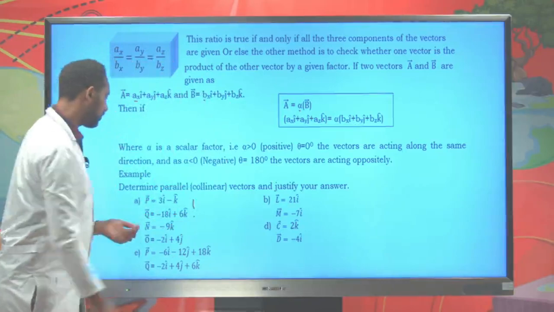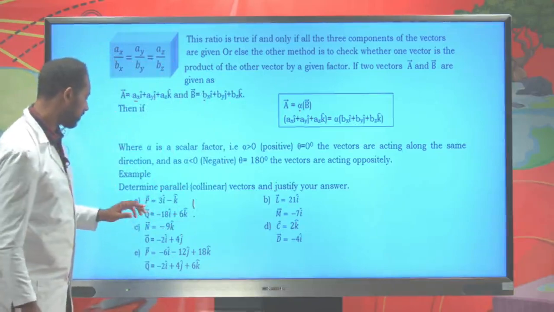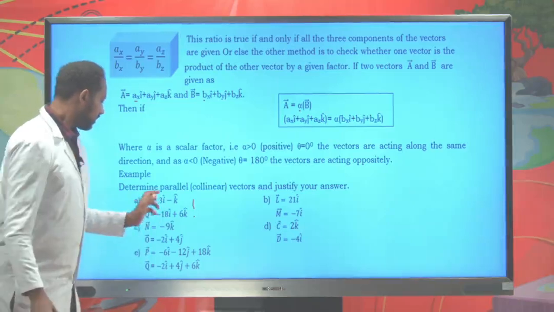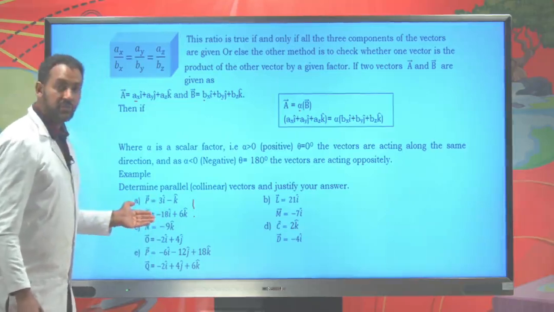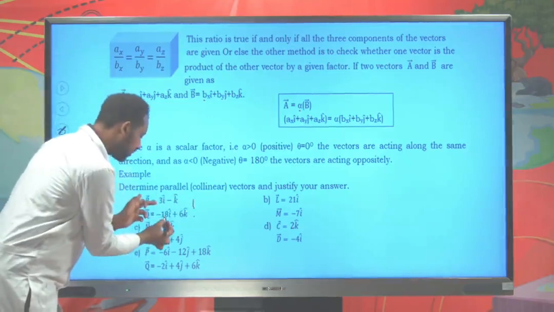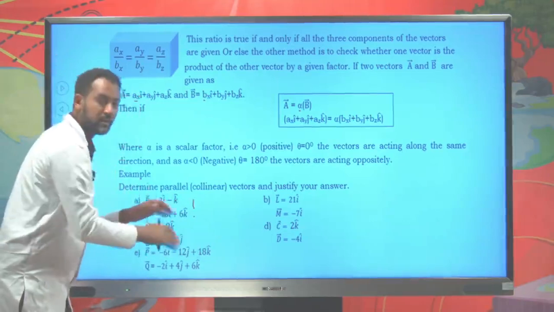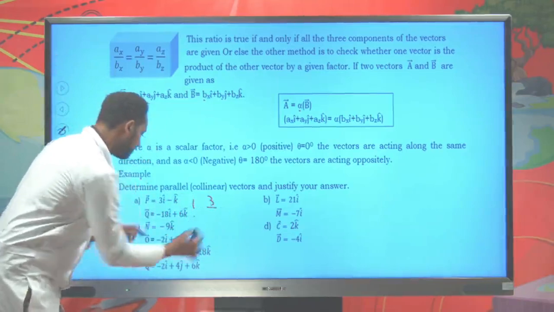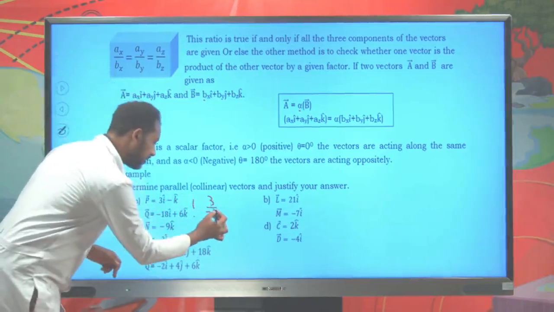Here you have two vectors, let's say p and q. p is 3 in the i minus k. To check whether these two vectors are parallel or not, you can compare the i component with i; there is no j component; and the k component with k. Therefore, 3 divided by minus 18.